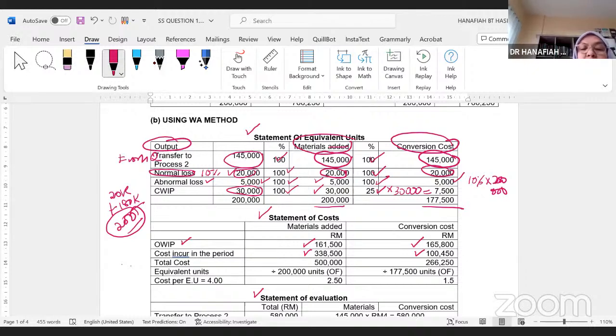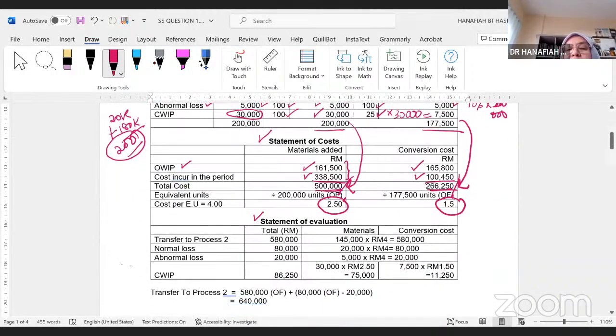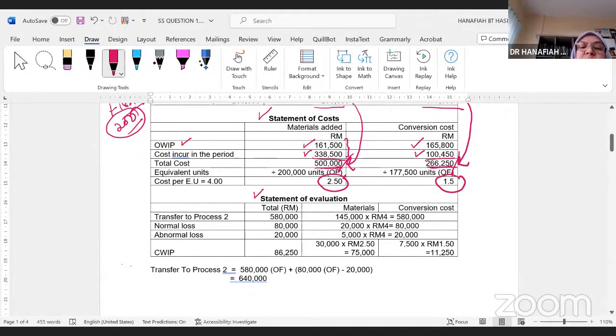So the total cost here, you add up, 500,000 and 226. To get the cost per equivalent, you divide into 200. Okay, and you divide with 177,500. Okay, 500 divide into 200, you get this 250 for material, and conversion cost is 150. So now you can proceed with the statement of evaluation.